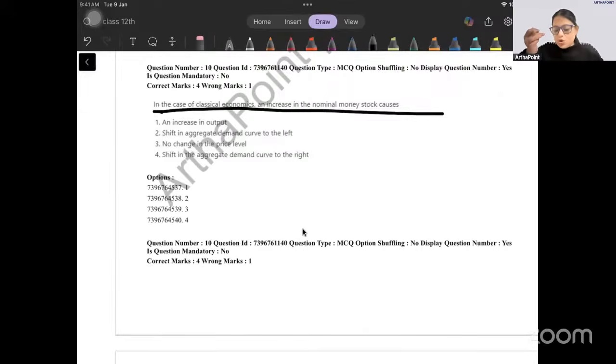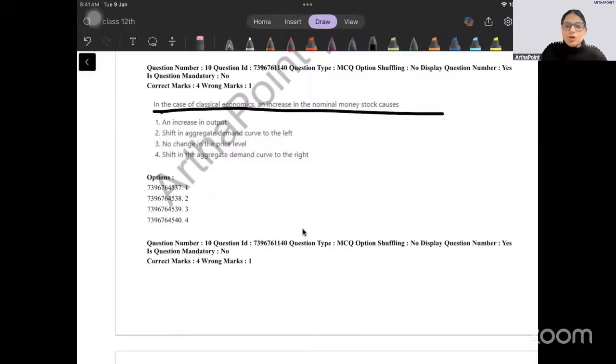Increase in nominal stock of money. Increase in the level of output, shift in aggregate demand curve to the left, no change in price level, shift in aggregate demand curve to the right.